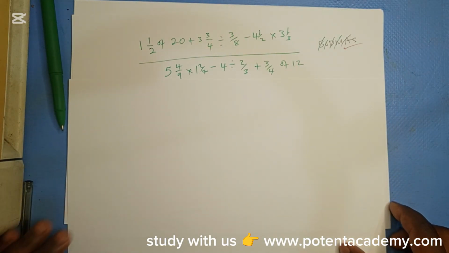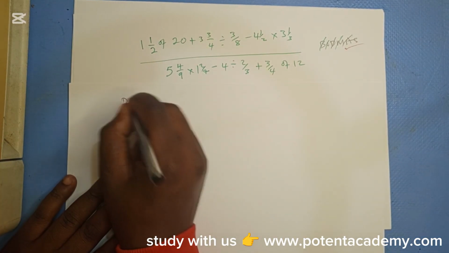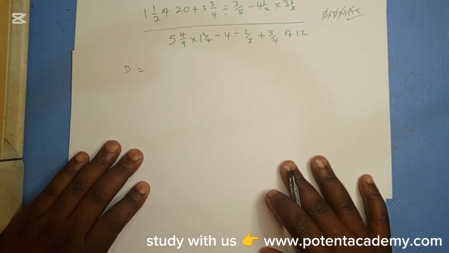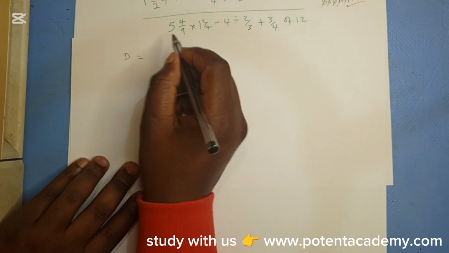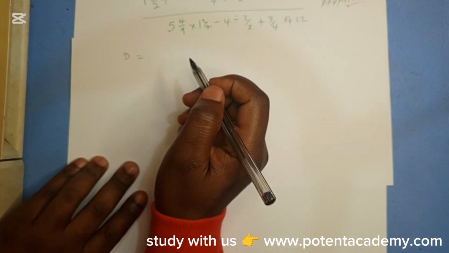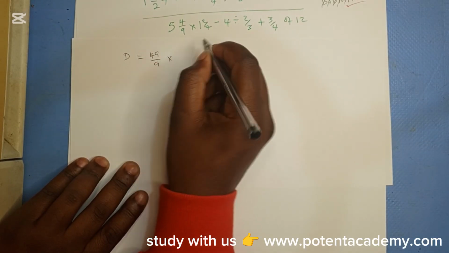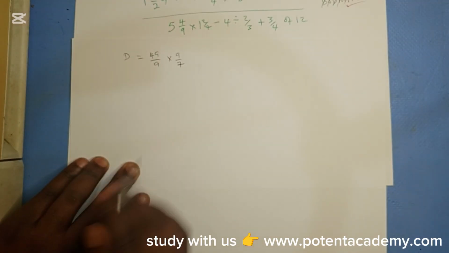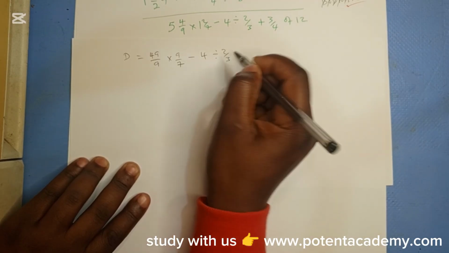Here is the denominator. So for the denominator, you will write it as an improper fraction. 5 times 9 is 45, plus 4, is 49 over 9, times 9 over 7, that is 7 times 1 is 7, plus 2, 9, minus 4, divided by 2 over 3.